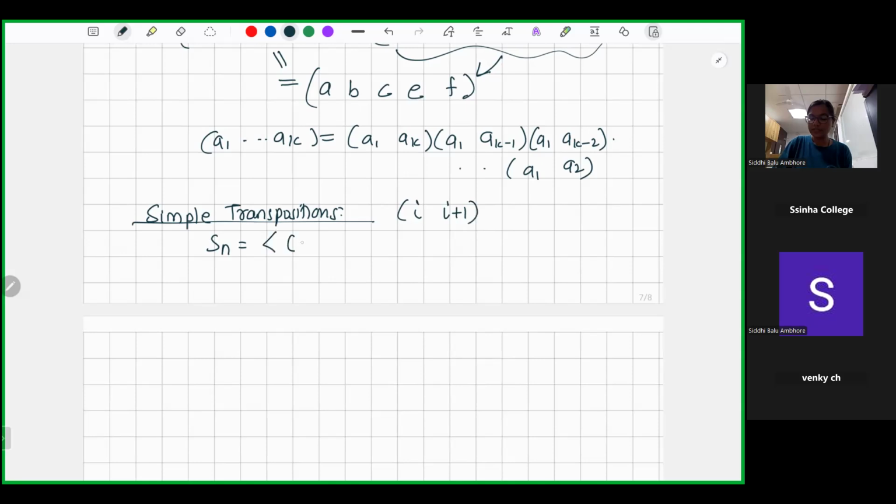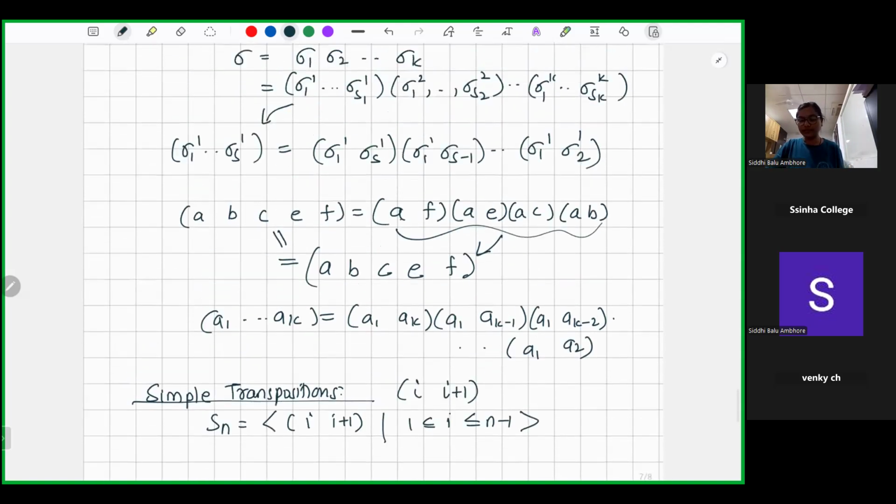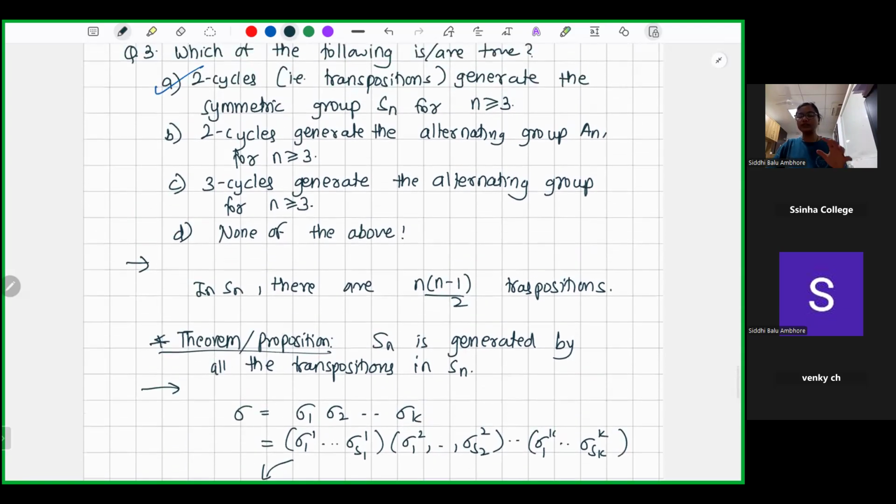So Sn is generated by (i, i plus 1). This was just a recap from the lecture. In general, we know that Sn can be generated by 2 cycles.